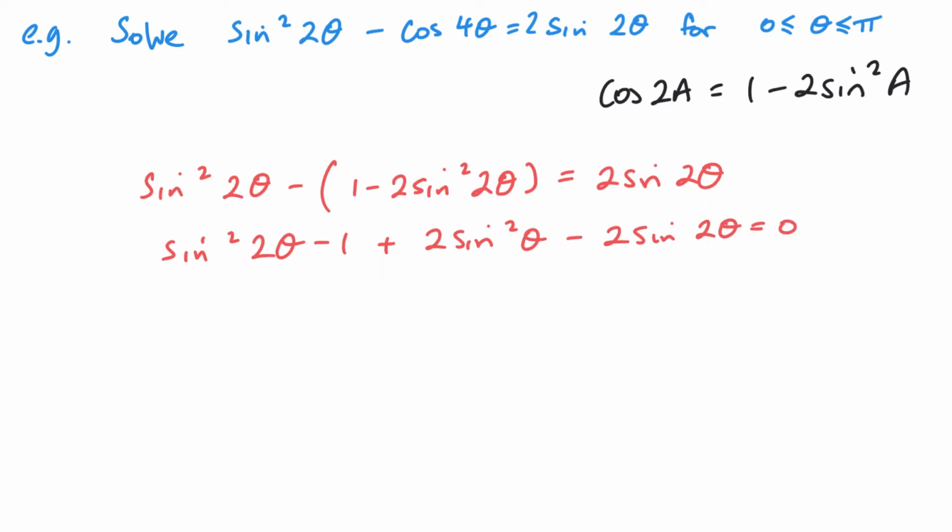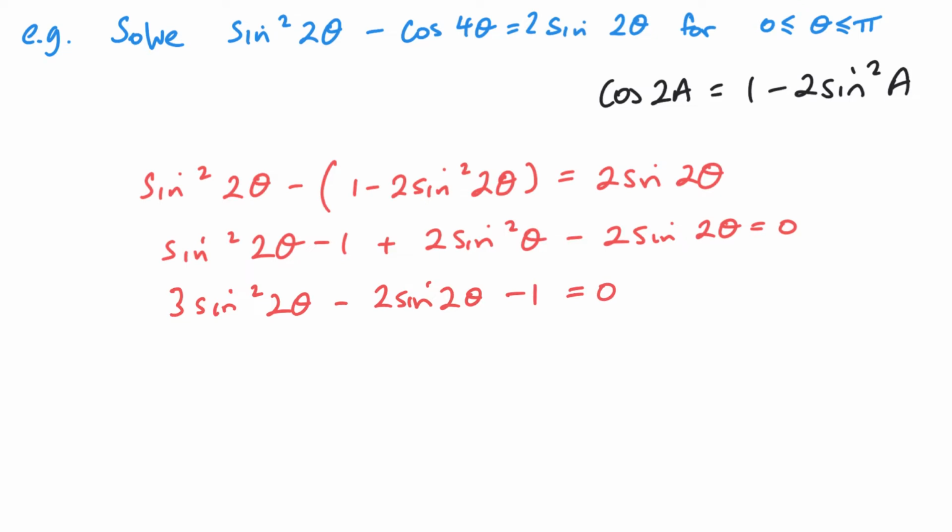So expanding the brackets and collecting everything onto one side. So we have 3 sine squared 2 theta minus 2 sine 2 theta minus 1 equals 0.